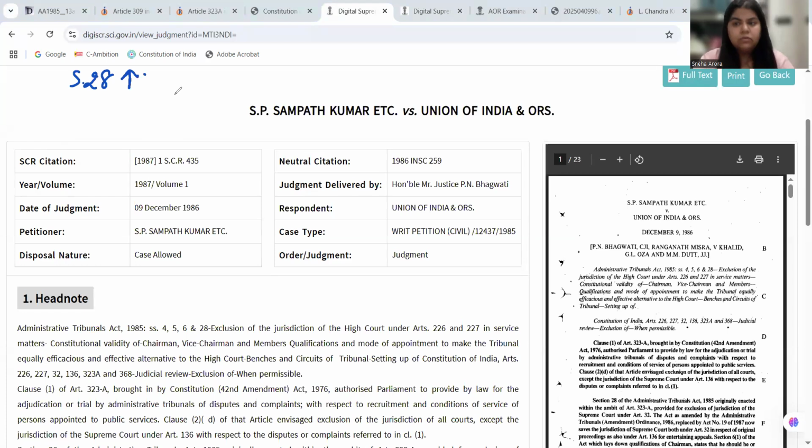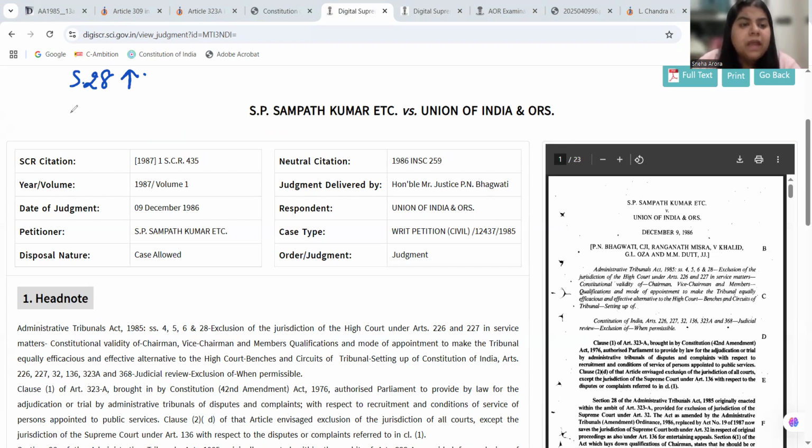Now there are various parameters on which the Supreme Court is assessing how the administrative tribunal is interacting with the High Court's jurisdiction. Here, the courts have figured out that in tribunals, the persons being appointed have eligibility conditions similar to the High Court, and even they are retired High Court judges.